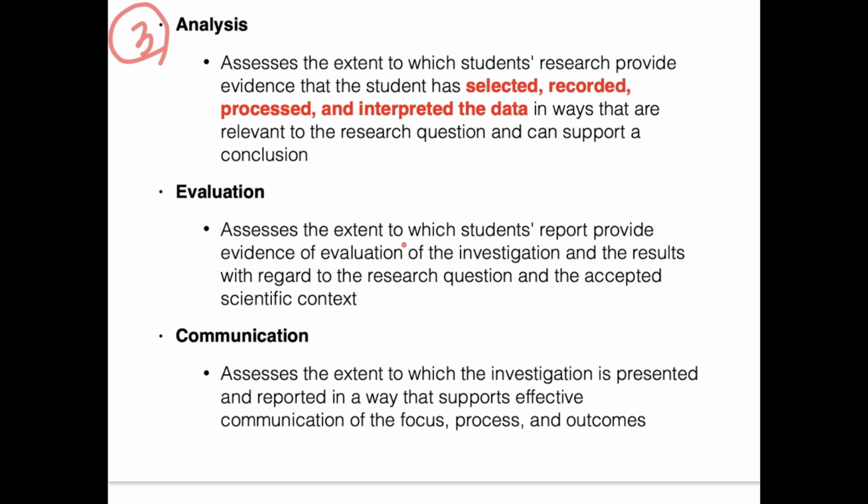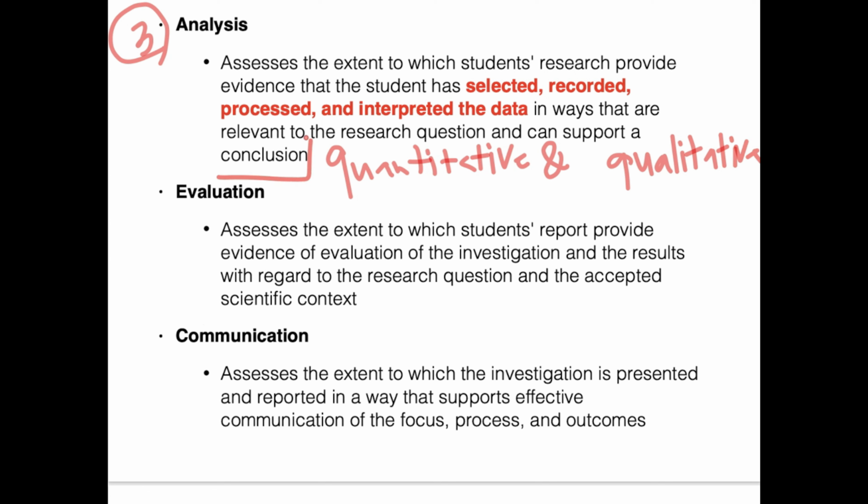Okay, this criteria shows that you need to have sufficient quantitative and qualitative raw data that supports your conclusion. Also, your data processing should be accurate and consistent with the experimental data. Also, you would need to include your measurement uncertainty.